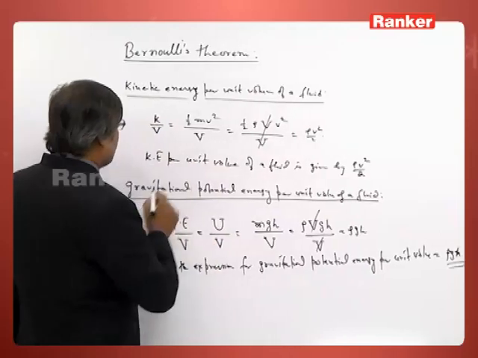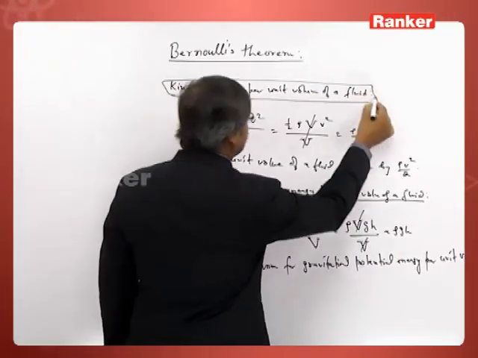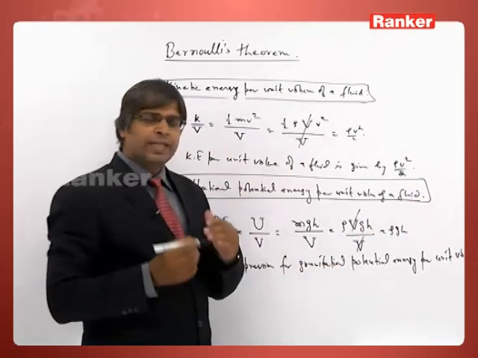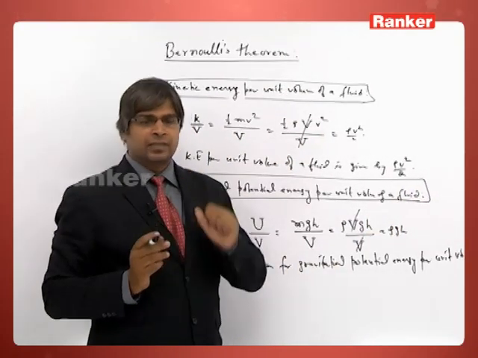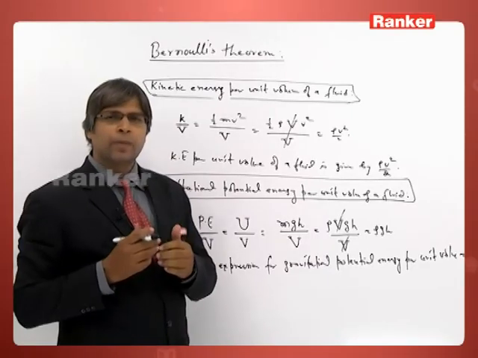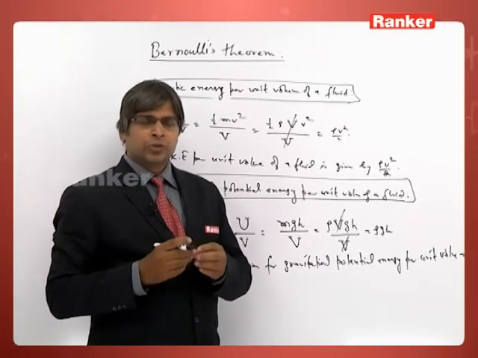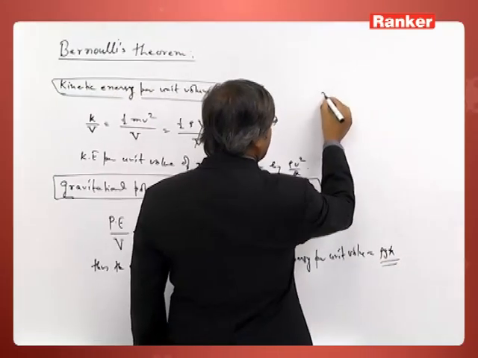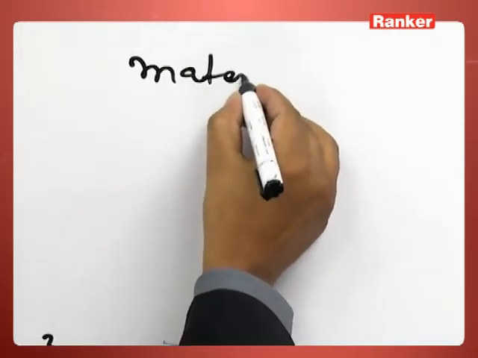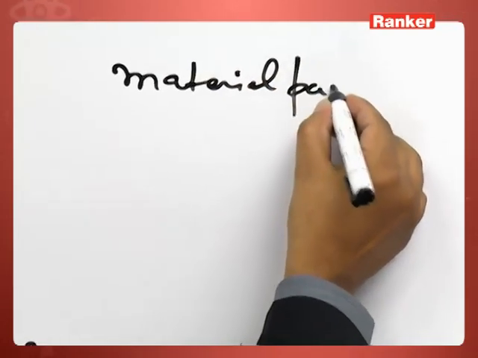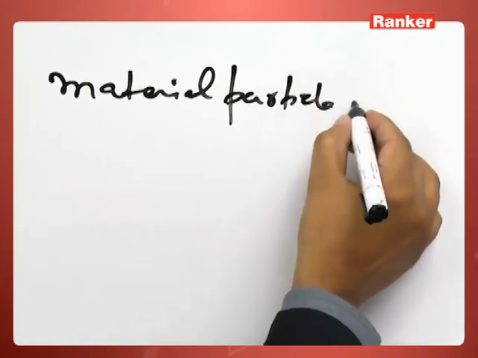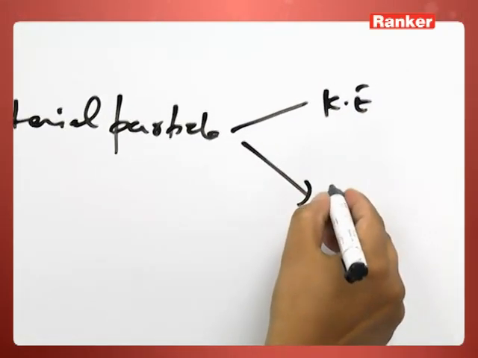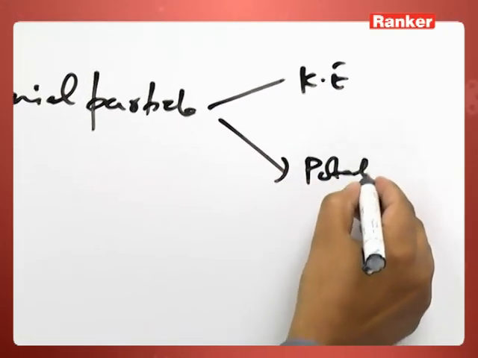So apart from kinetic energy and gravitational potential energy, a fluid can possess a third energy that comes from its pressure. A general material particle possesses two energies, kinetic energy and potential energy.